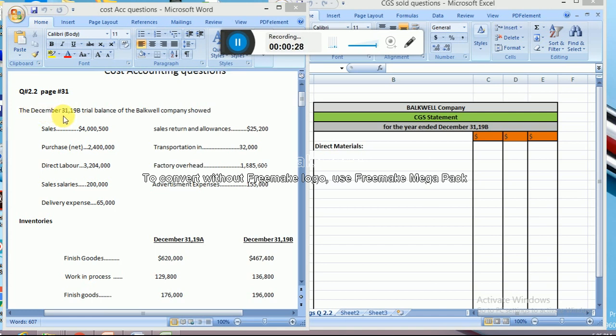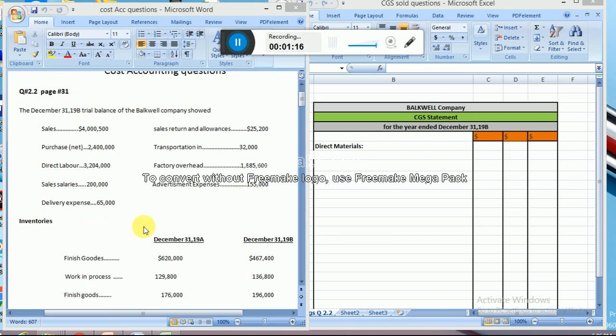On December 31st, 19B, the trial balance of the Balkwell company showed sales $4,005,000, net purchases $24,000,000, direct labor $3,204,000, sales salaries $2,000,000, delivery expenses $65,000, sales returns and allowances $25,200, transportation in $32,000, factory overhead $1,885,600, and advertising expenses $1,550,000.